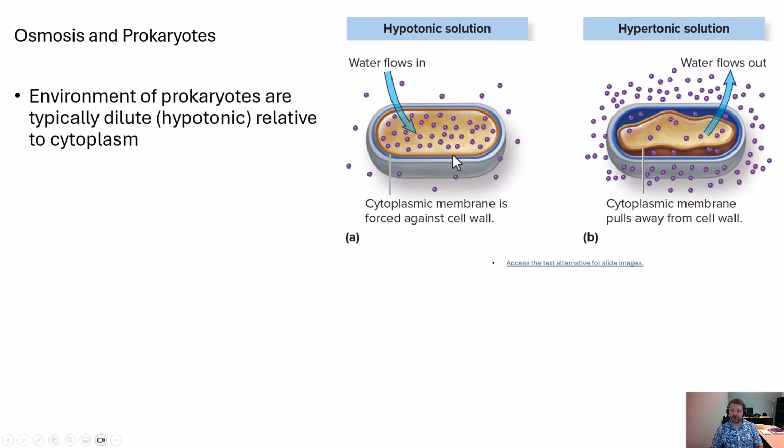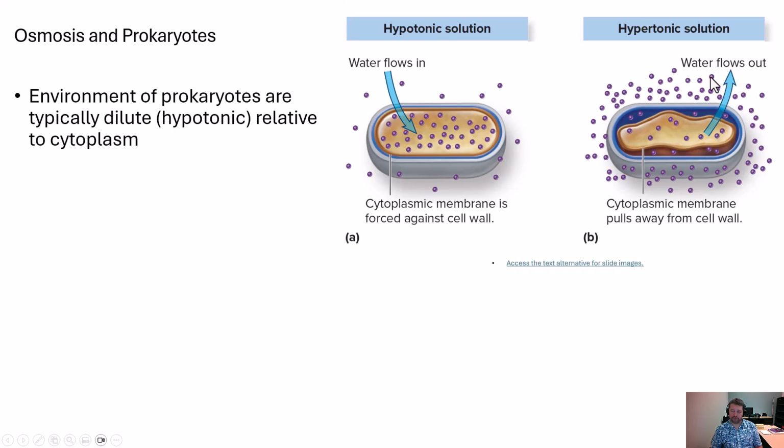But you've got a similar situation, or I guess a little bit different, but still a benefit of the cell wall when you go into a hypertonic solution and all the water is leaving to try to balance the solutes on the outside with the solutes on the inside.